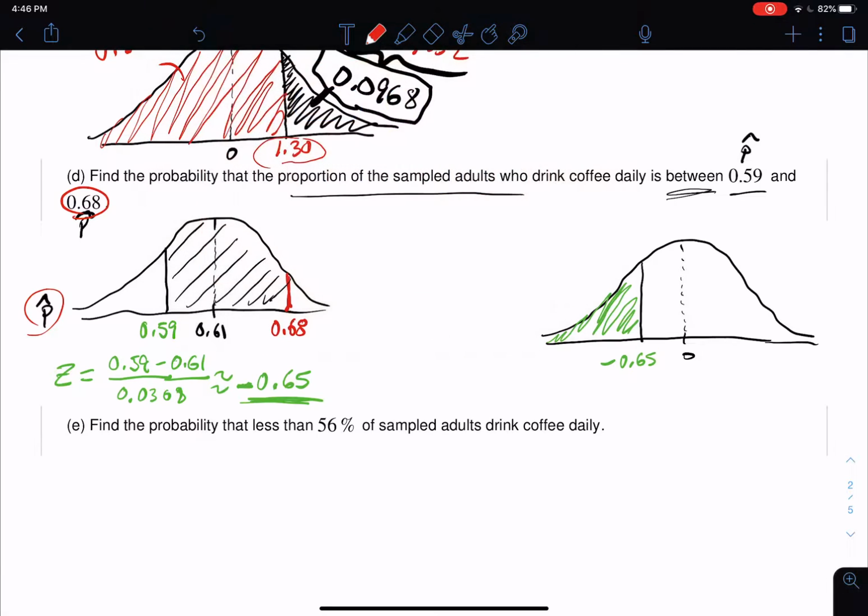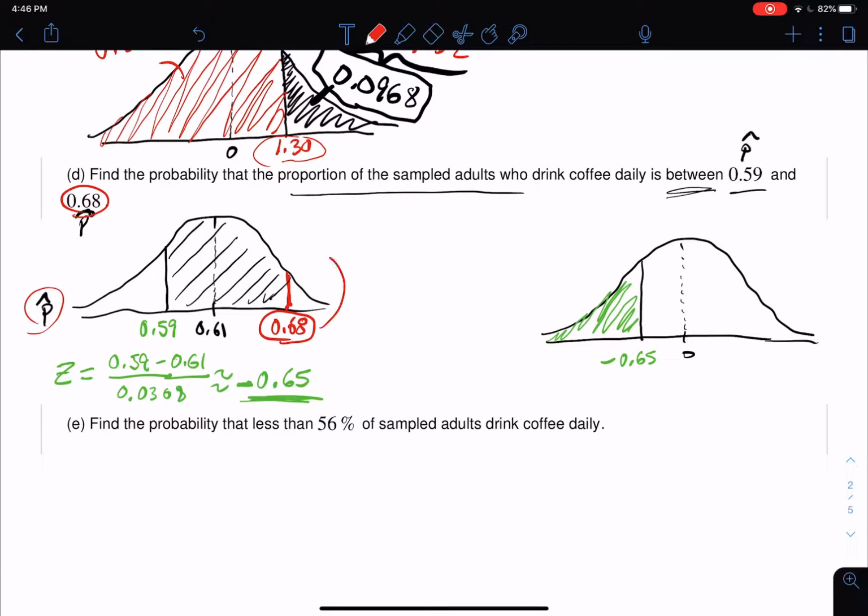So let's convert the other sample proportion to a z-score. z equals the p hat, which in this case is 0.68 that we're converting, minus the population proportion, 0.61, divided by the standard deviation of the p hats, which is 0.0308. We throw that in the calculator, and we get approximately, rounding to 2 decimal places, 2.27. So we're probably way out here at 2.27.